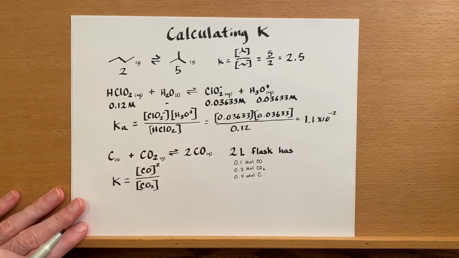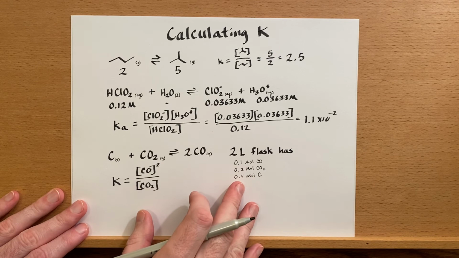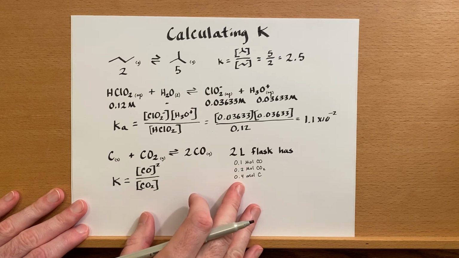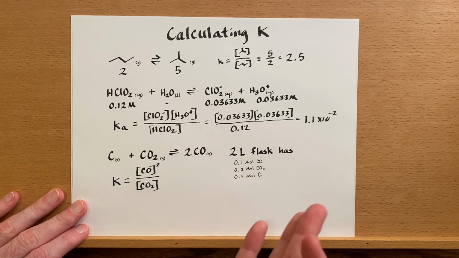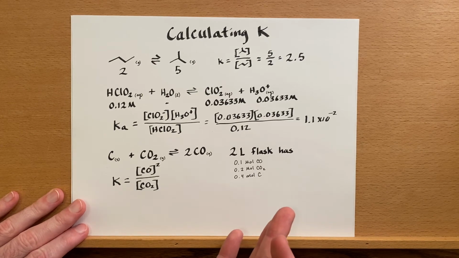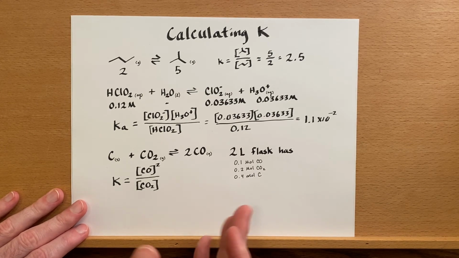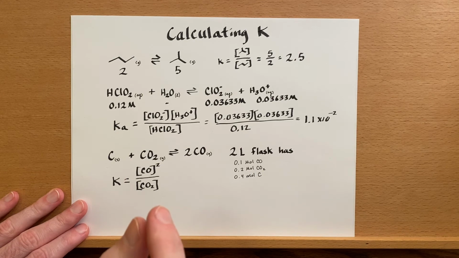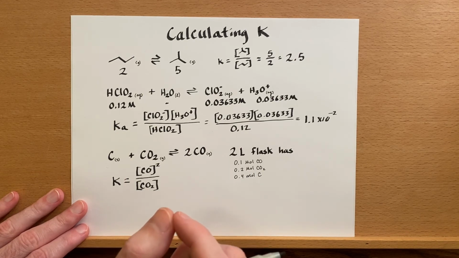So even though we may know that we have 0.4 moles of carbon in the flask at equilibrium, it doesn't matter how much carbon we have at equilibrium, as long as we have some. It's important to have a little bit left.